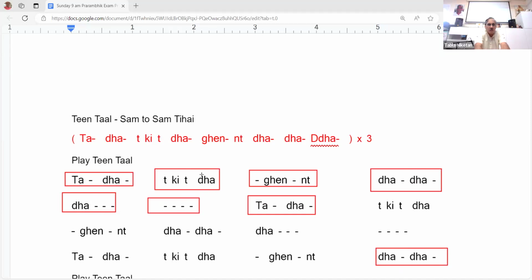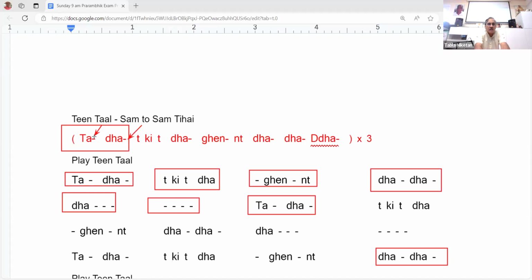So the tihai we are working on here is, let me just adjust my screen if you don't mind, guys. Okay, that's better for me. The tihai we are talking about here is ta a dha a, ta one dha one. Always remember to take and count the pauses.